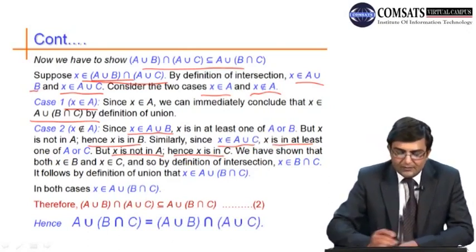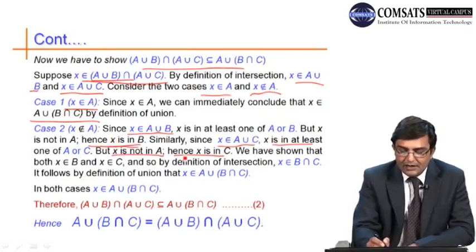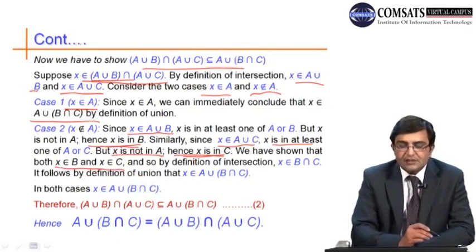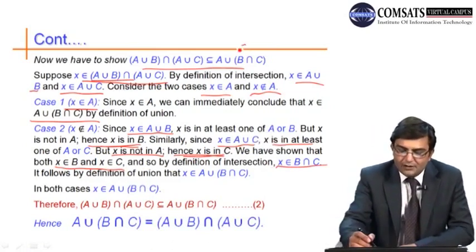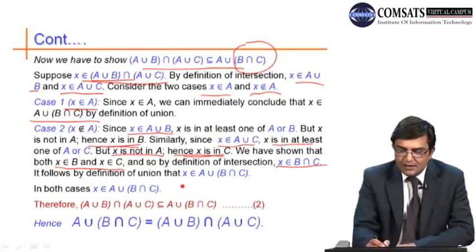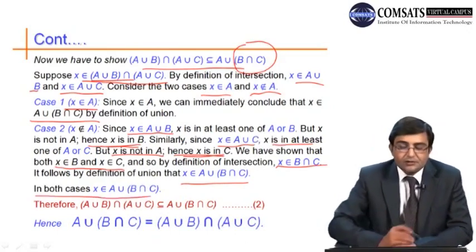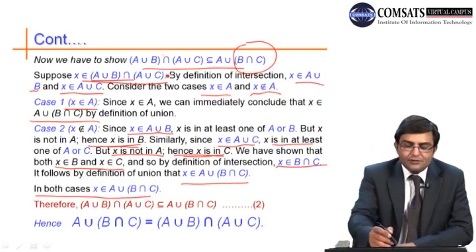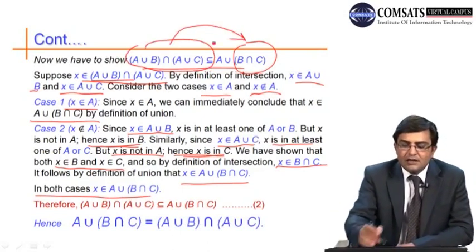So X belongs to C, and we have also proved that X belongs to B. It means that X belongs to B and X belongs to C. If X belongs to B and X belongs to C, then by the definition of intersection, X belongs to B intersection C. Now if X belongs to B intersection C, then X belongs to A union B intersection C. So in both cases we have proved that X belongs to A union B intersection C. So we have chosen an arbitrary element of this set, and we have proved that that element belongs to this set.